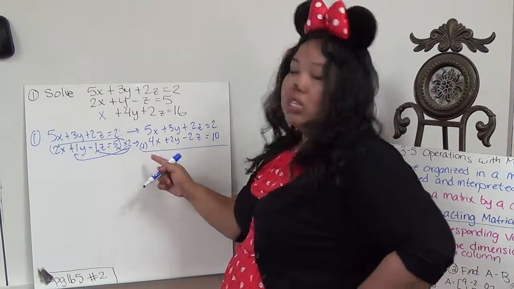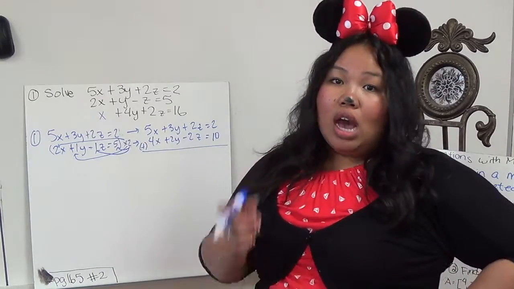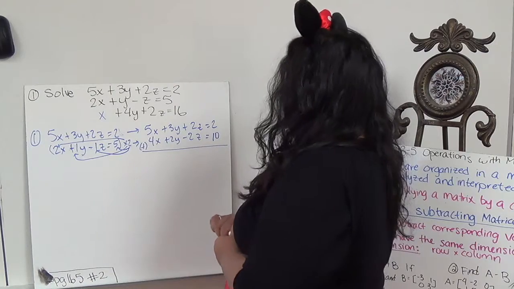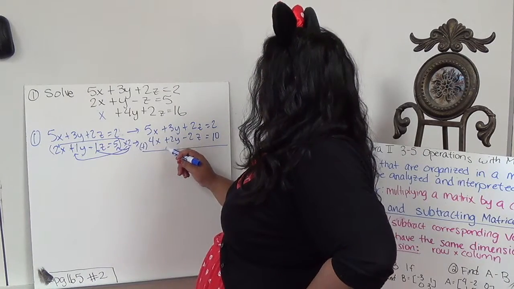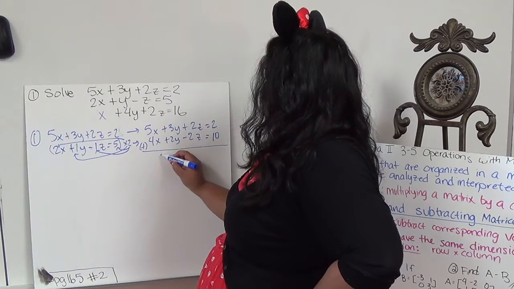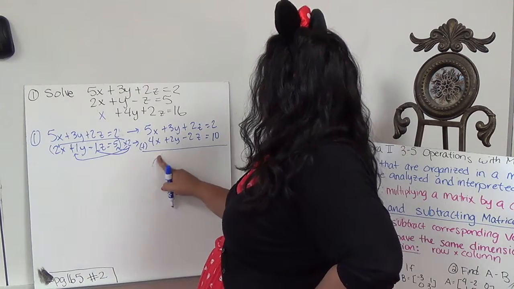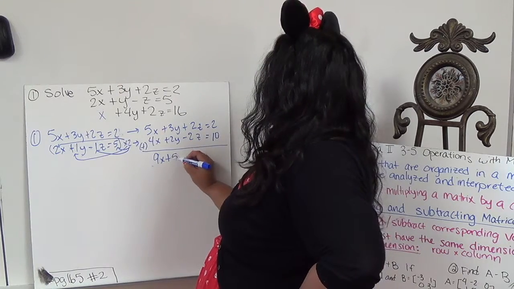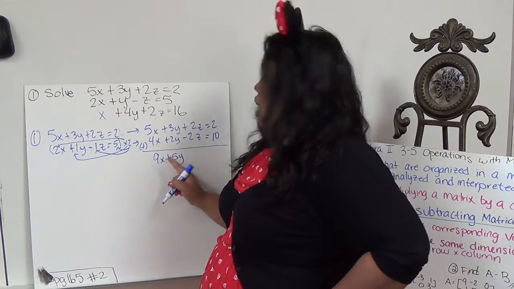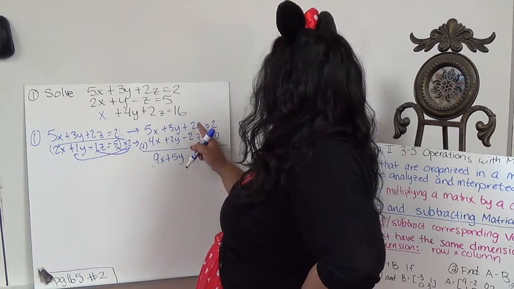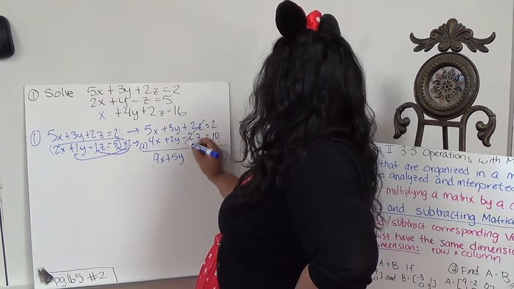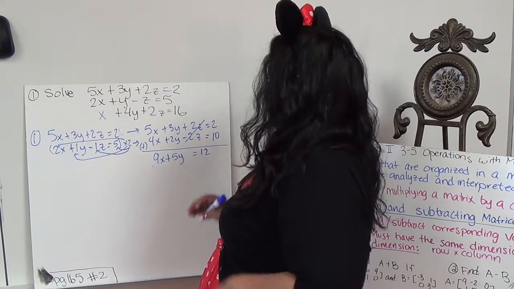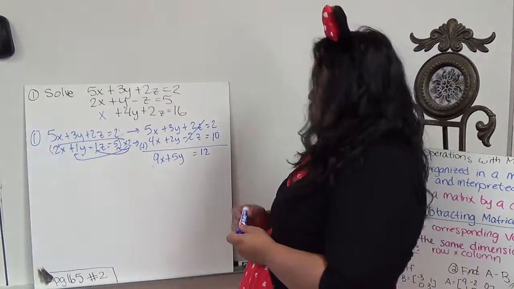Please make sure that you put in parentheses if you're adding or subtracting, just so you can keep things organized, because sometimes people forget. So let's see what we get. 5x plus 4x, sorry, I'm adding, my bad. So 9x. 3 plus 2 is positive 5y. Don't have floating numbers here. I need to separate it with plus or minus. And then positive 2 plus negative 2, this cancels out. 2 plus 10 gives me 12, right? So now I have a system of 2 variables.